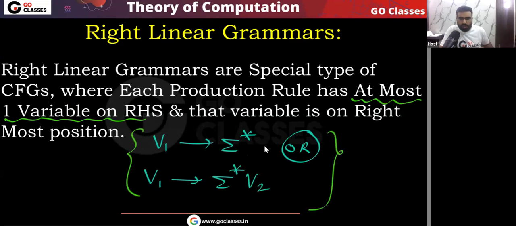On the RHS of any production rule, you can have at most one variable, and that variable must be on the rightmost position. This type of production rules are allowed in the right linear grammar. No other production rule is allowed.